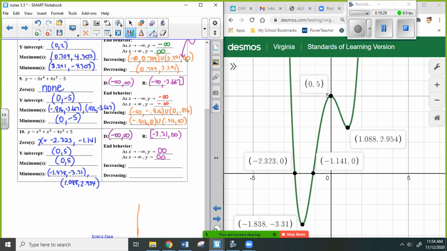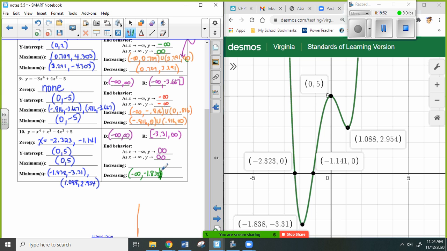And then when you fill in your intervals of increasing and decreasing, trace it. Start on the left and trace. We're going to have to decrease first until we get to our first minimum. So we're going to start at negative infinity and decrease until we get to negative 1.838.